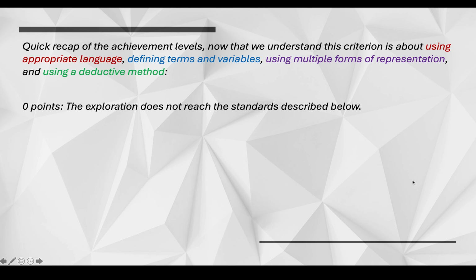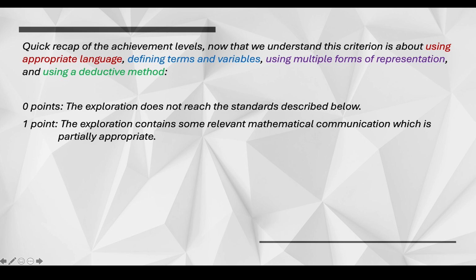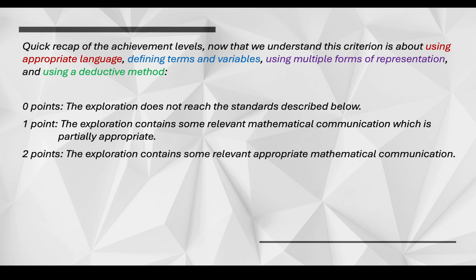For 0 points, the exploration does not reach the standards below. For 1 point, it has some relevant communication, and it's only partially appropriate. So you used math that was relevant, but it was mostly not appropriate notation, language, definitions, shapes, forms of things. For 2 points, there is some relevant and appropriate communication.